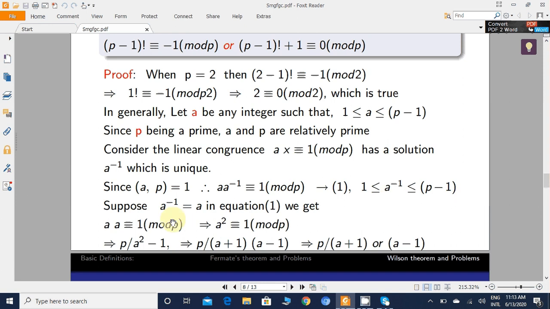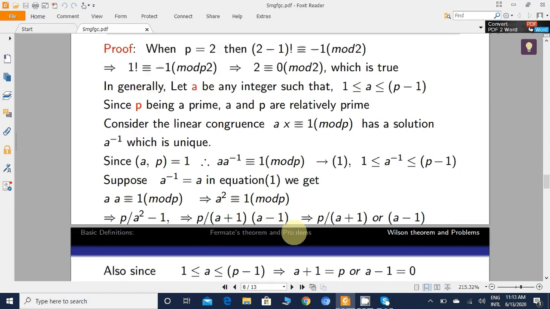Suppose a inverse is equal to a. In equation 1 we get a into a congruent to 1 mod p. A into a, that means a square, is also congruent to 1 modulo p. So, on the basis of the definition of congruence, p divides a square minus 1. Otherwise, p divides (a plus 1)(a minus 1).